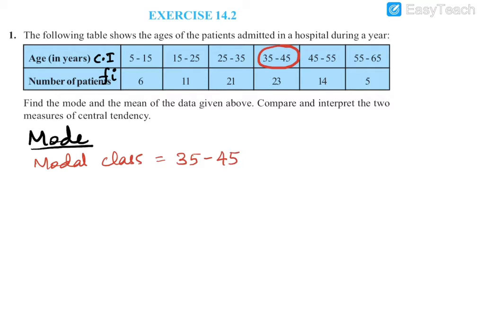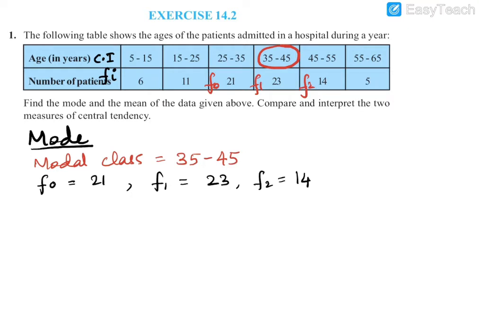Now we have to mark the frequencies f0, f1 and f2. f0 is the frequency of the class preceding the modal class. So f0 is 21. f1 is the frequency of the modal class and f2 is the frequency of the class succeeding the modal class.